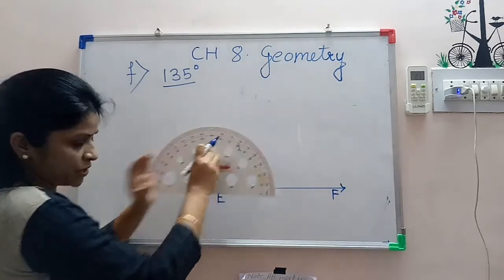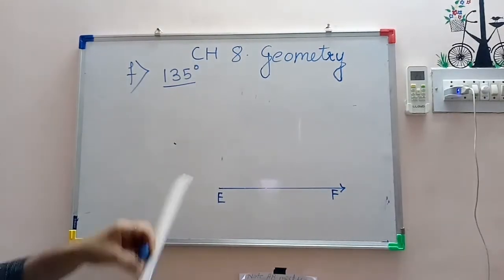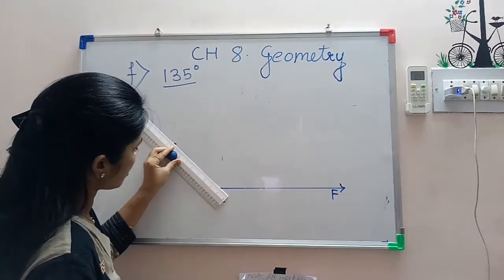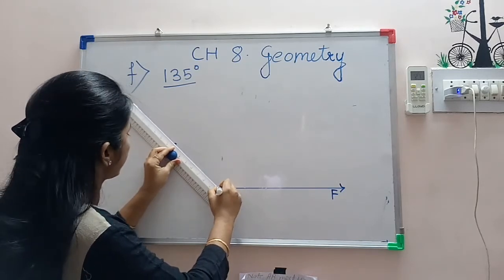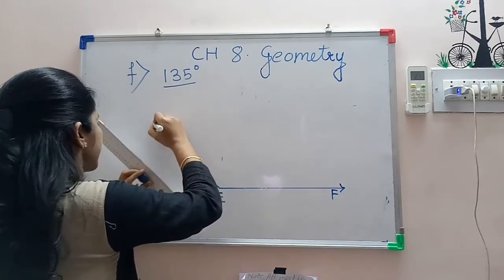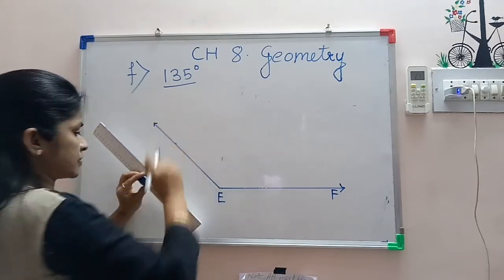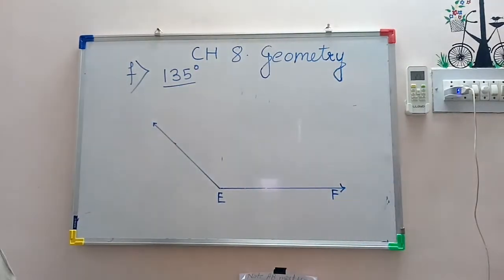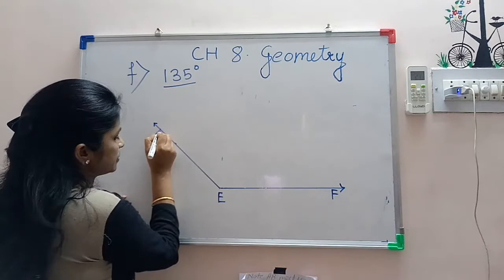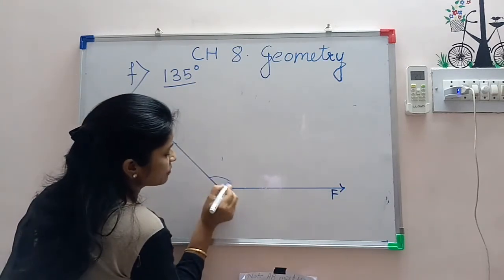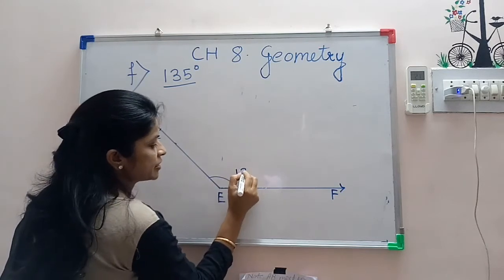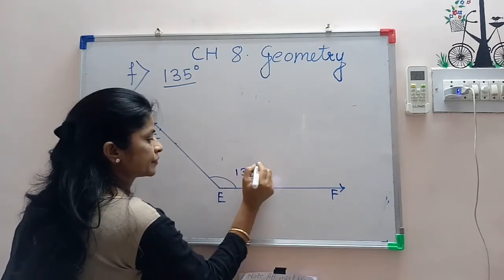Okay, we'll remove it and we'll draw another ray, and we will name it as G, and the measurement of this angle is 135 degree.